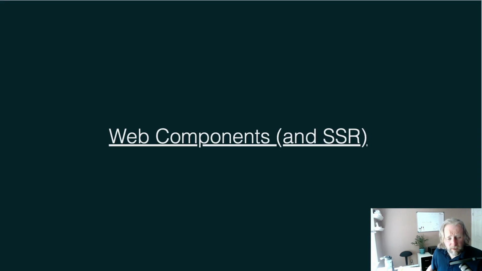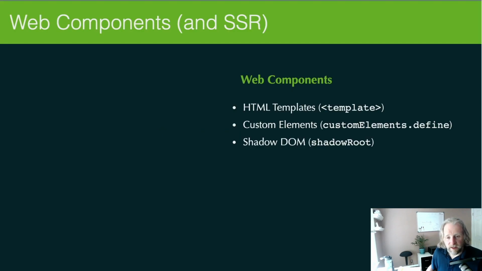So about web components and server-side rendering. Let me go through that a little bit. First, what are web components? Well, they're an umbrella of a few different features that are available in browsers: HTML templates, custom elements, and shadow DOM.